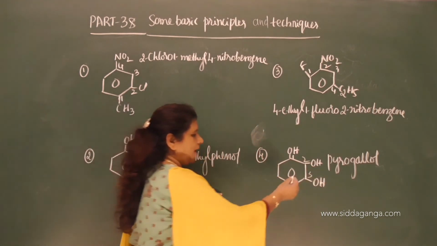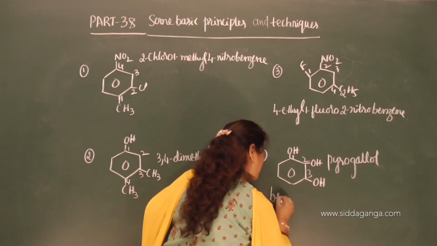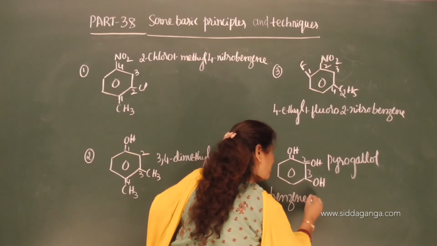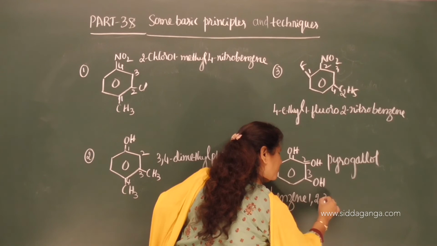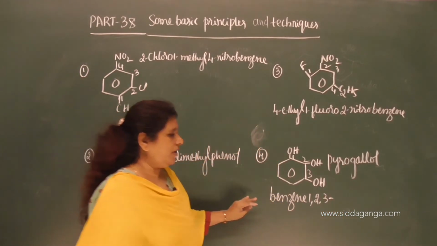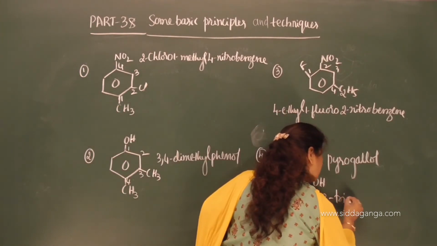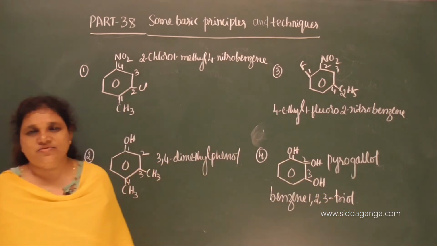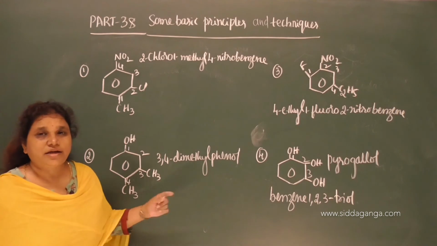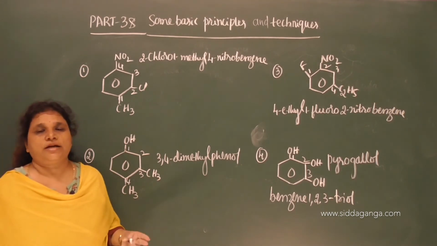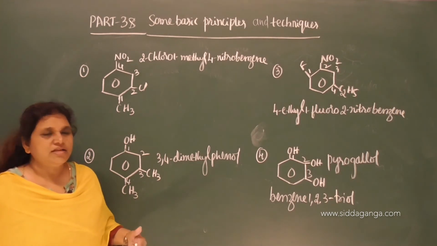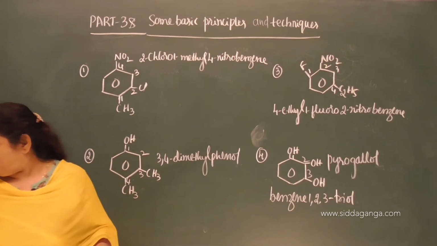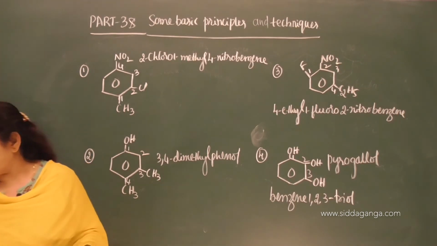The IUPAC name is benzene-1,2,3-triol. Catechol and resorcinol are named as diols, and these are triols because 3 OH groups are attached to the benzene. Okay, now move on to the next one.